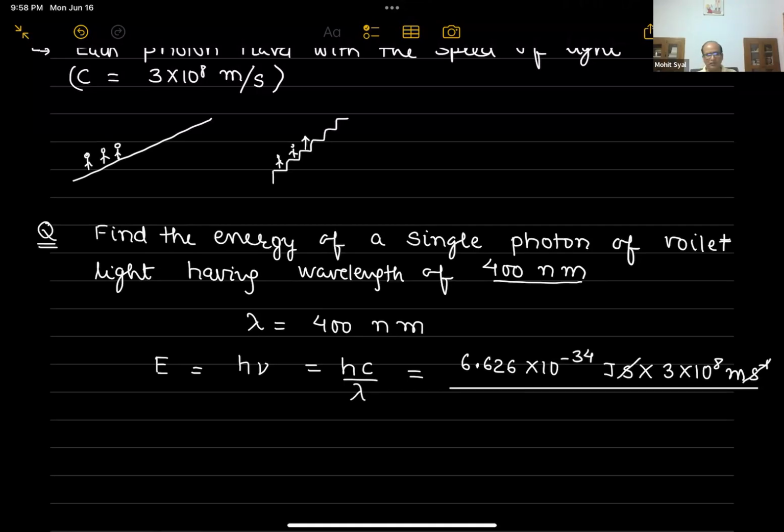And lambda is in meter. So I'm going to take how many meters? What do you mean by 400? 400 nanometer only, right? This is nanometer. Nanometer is how much?